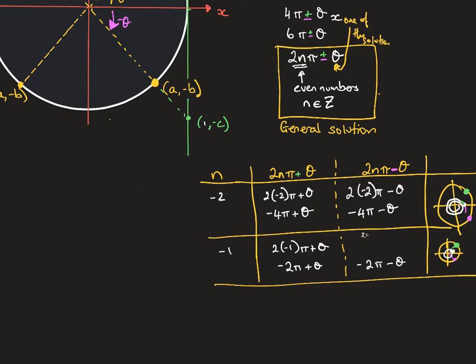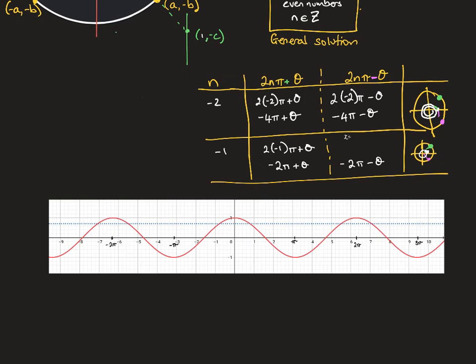So in terms of our cos graph, our solutions are 2 pi, which is here, plus theta, and 2 pi minus theta, for our line passing through the y-axis at B. And you can see that that repeats over and over at each multiple of 2 pi.